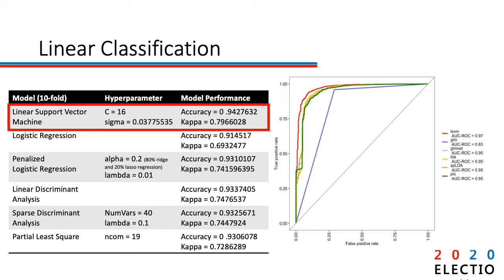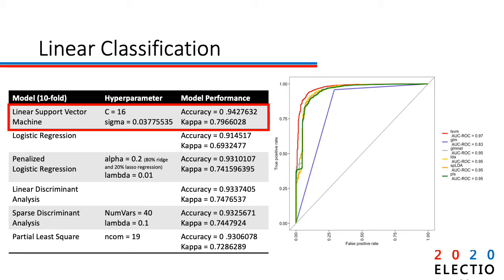For the penalized logistic regression, alpha value is 0.2. It means this logistic regression combines 80% of ridge regression and 20% of lasso regression. And as we can see, accuracy is enhanced and ROC curve is obviously improved.